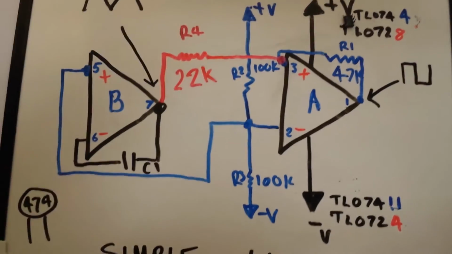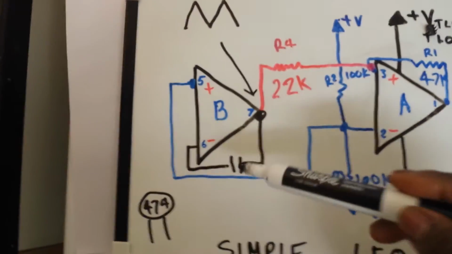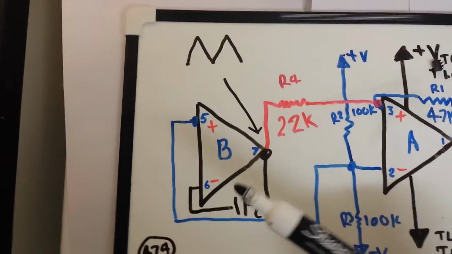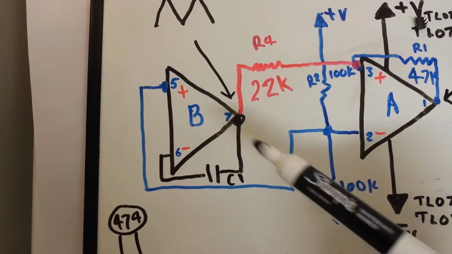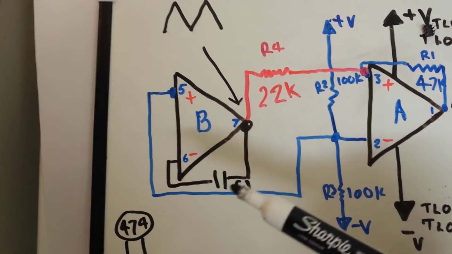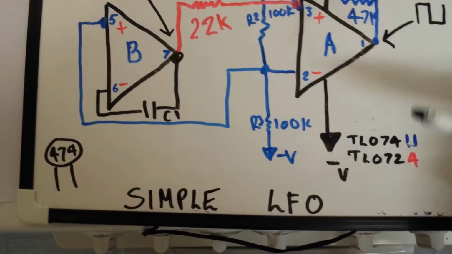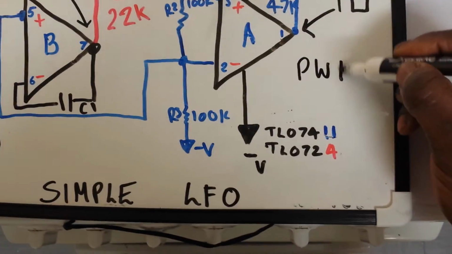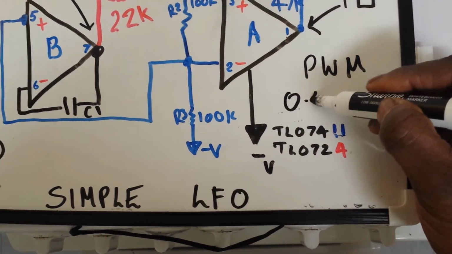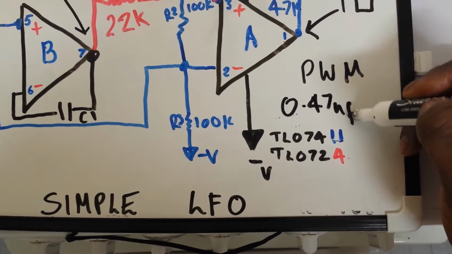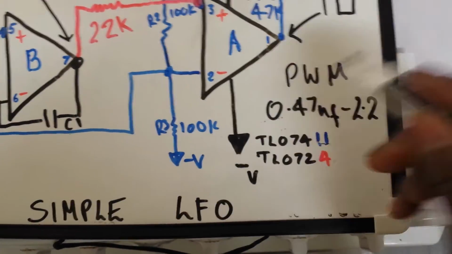Okay, so there we go. That's our low frequency oscillator, and we have to think what your application for your LFO will be. If, for instance, you're using this particular LFO for pulse width modulation, we probably want to keep the value between about 0.47 microfarads to about 2.2 microfarads.